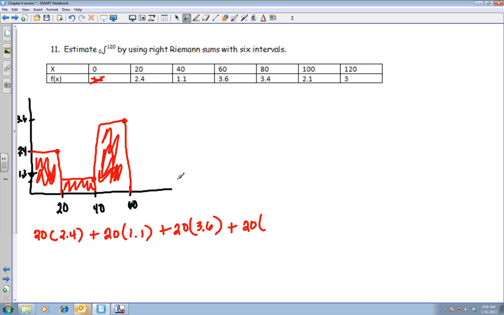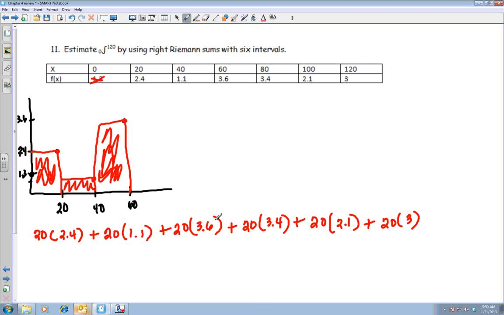My height at 80 is 3.4 plus. Down to the next one from 80 to 100. My base is 20. My height at 100 is 2.1 plus. My last one is from 100 to 120. So my base is 20. My height is 3.